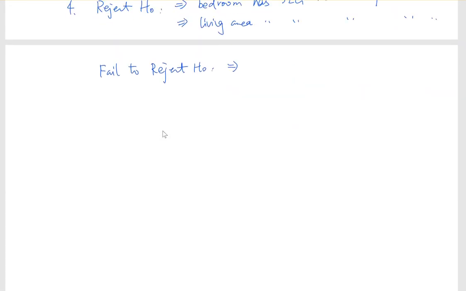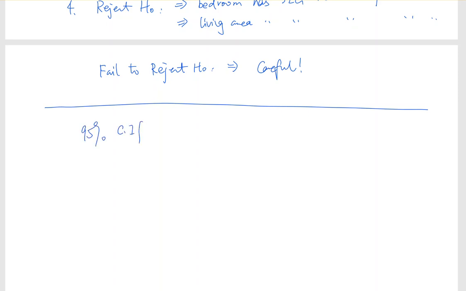So for example, let's say you get a 95% confidence interval for beta 2, given by, let's say, 11.2 to 11.8. I'm just making a simple example.